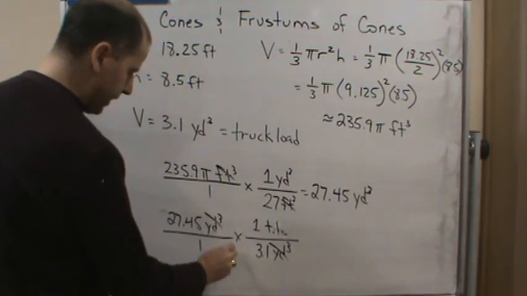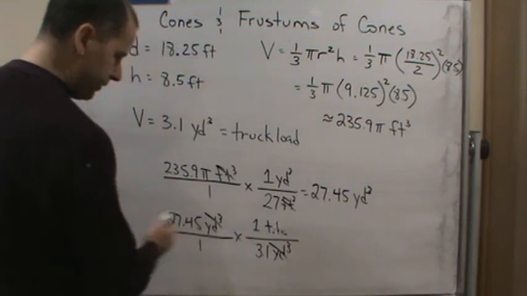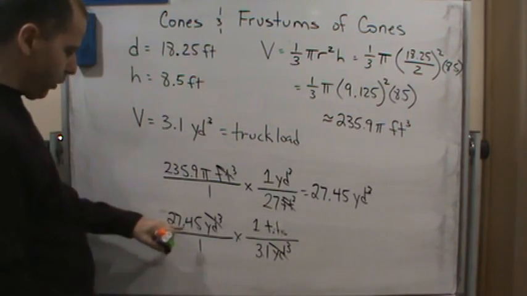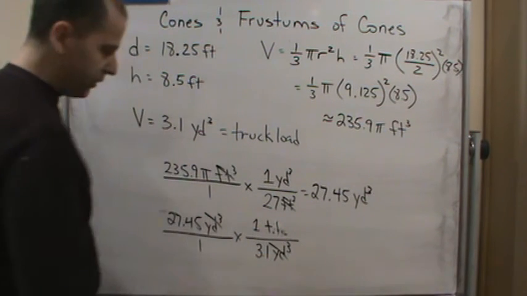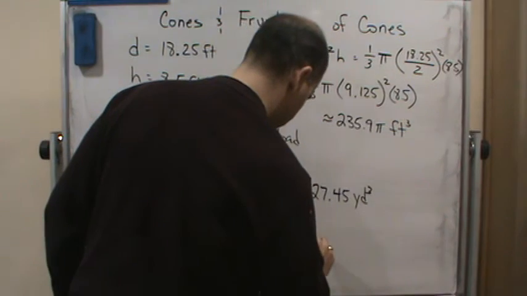So cubic yards cancels with cubic yards, and again, it's division. So I'm going to take 27.45 and divide by 3.1. And when you do that, you get approximately 8.85 truckloads.